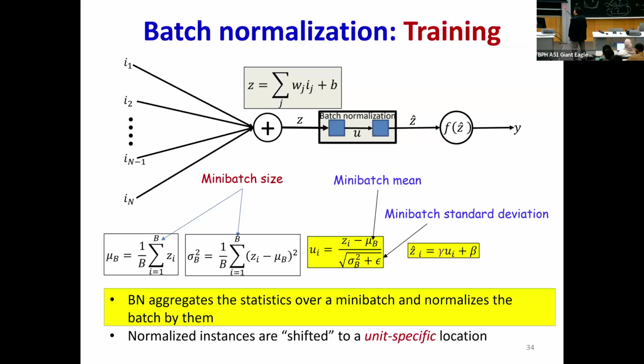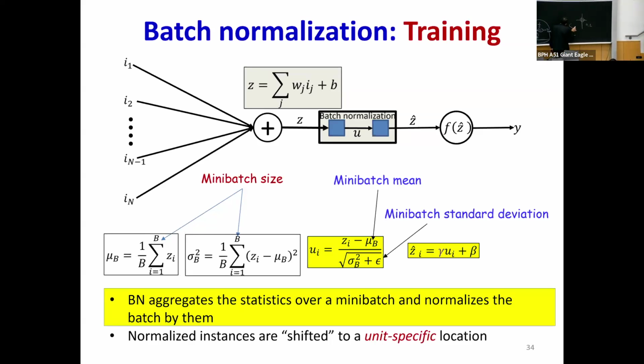This is the mean of the set of scalars. Then you compute the standard deviation. I subtract the mean, and then I divide by the standard deviation. Now my collection of data is 0 mean, unit variance. But then I have to move the entire thing to a new location. I started off with everything 0 mean and unit variance.